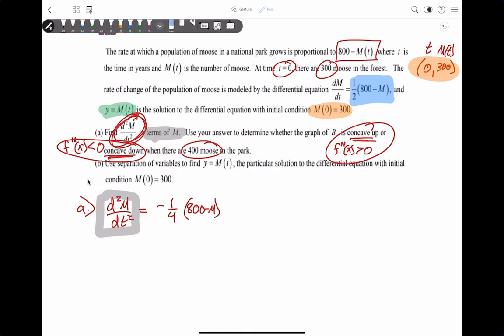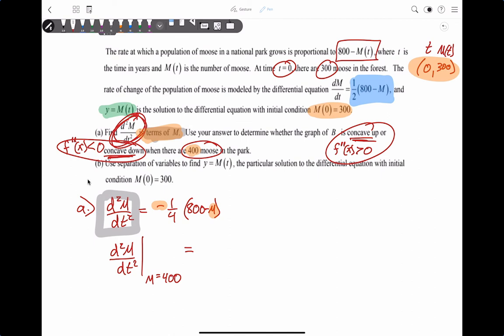Okay, so this is my second derivative in terms of m. Now, it said when there are 400 moose, that means if I put 400 in for m, because that's in terms of m, 800 minus 400 is a positive 400, times this negative is going to be a negative answer. It's going to be a negative 100. So we could say the second derivative when m is 400 will equal, well, again, 800 minus 400 is 400.